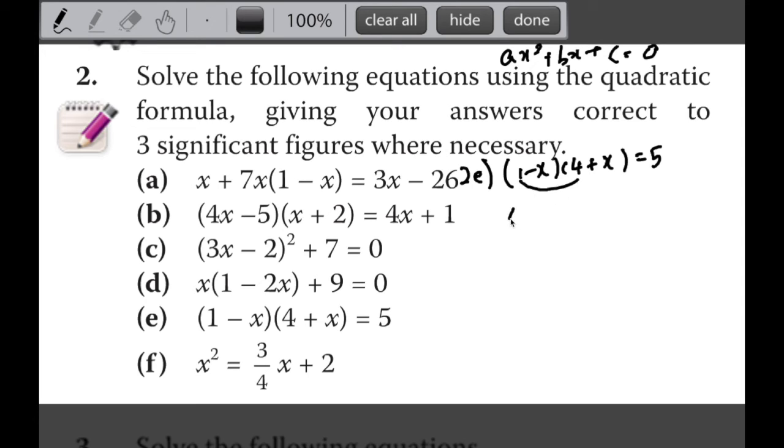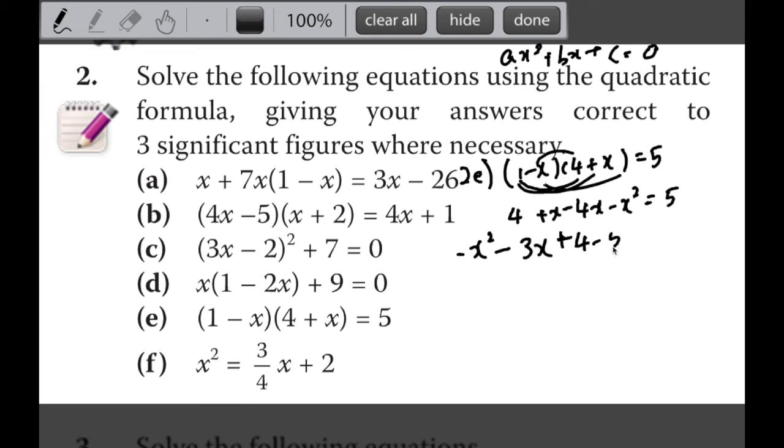So let's do expansion: 4 plus x minus 4x minus x squared equals 5. Let's rearrange: negative x squared minus 3x plus 4 minus 5 equals 0.